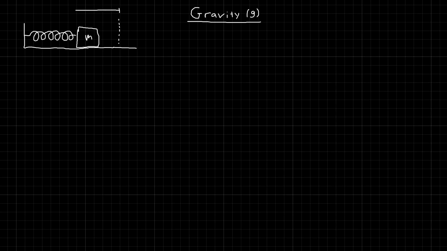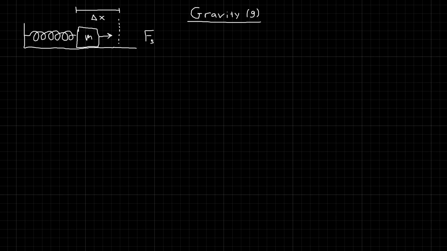This distance that the spring is displaced, which we're going to call delta x because it's the change in position, which is represented by x, from its equilibrium position here to where it actually is sitting here. And this spring is going to apply a force on this mass because it is away from its equilibrium position. And this force that this spring applies, we're going to call Fs for force of spring.